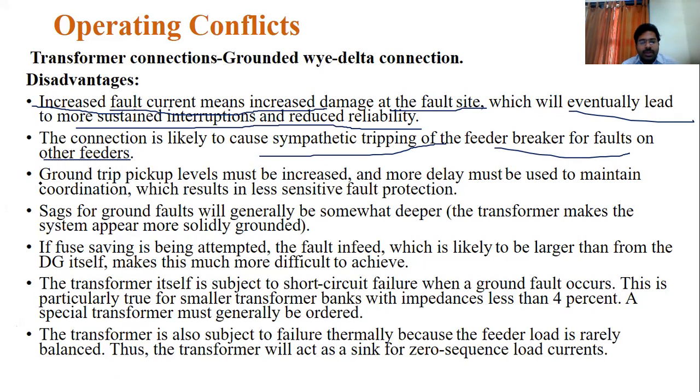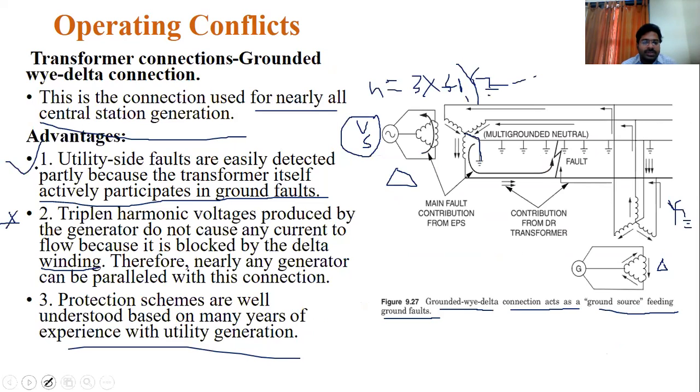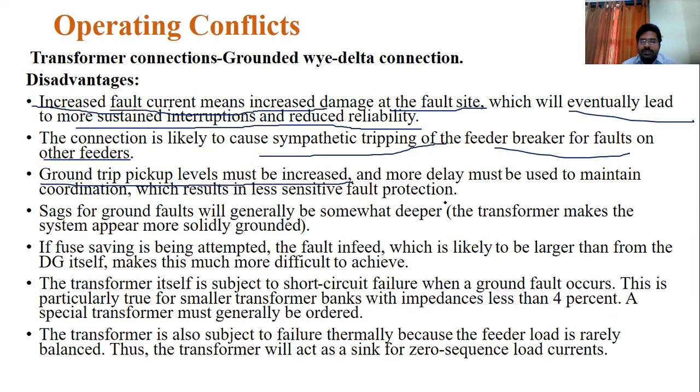The ground trip pickup levels must be increased because the system is very cautious about ground faults. This is one of the advantages, but in some cases it may become a disadvantage. So whenever you consider the relay, it must take some delay in its operation.